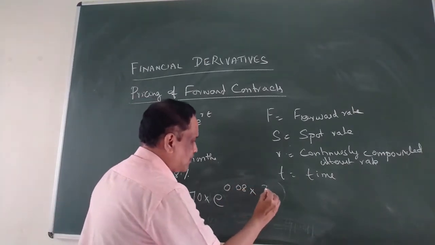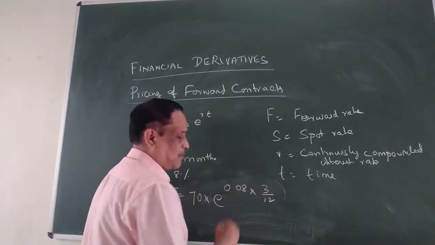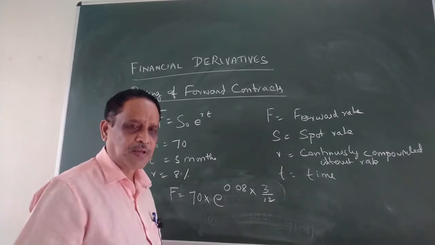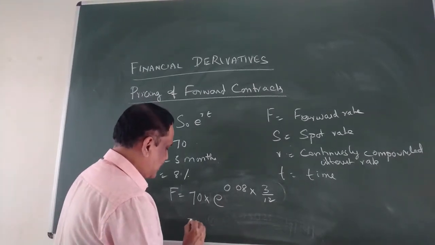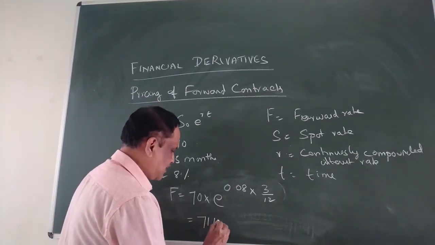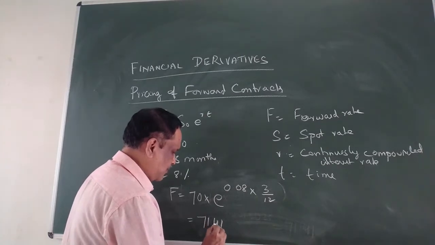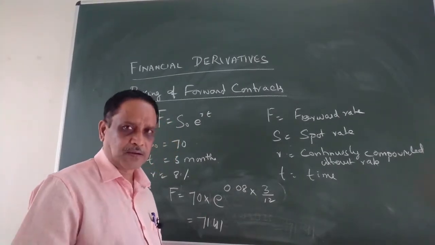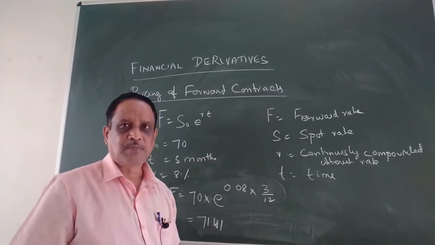Months we have to convert into years, so the time is 3 by 12, and you will get the answer as 71.41. I hope all of you know how to calculate the exponential using the calculator. So the answer is 71.41.